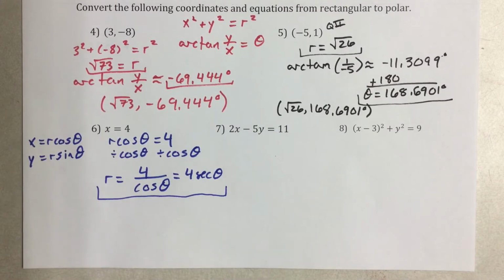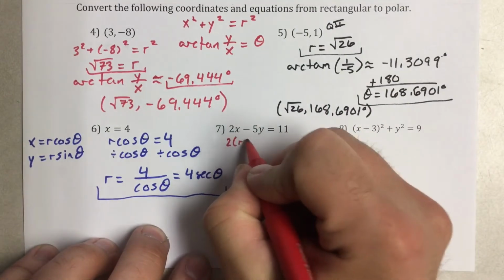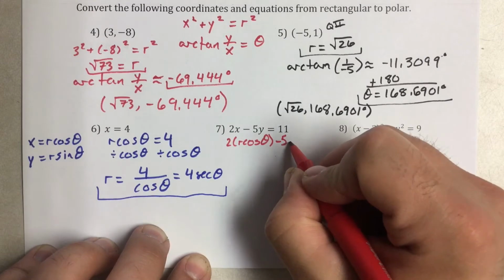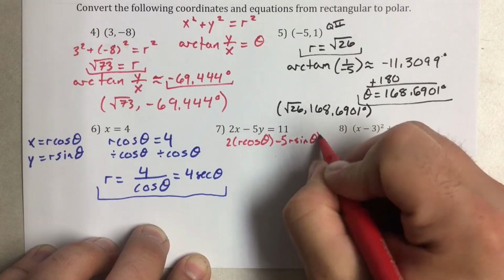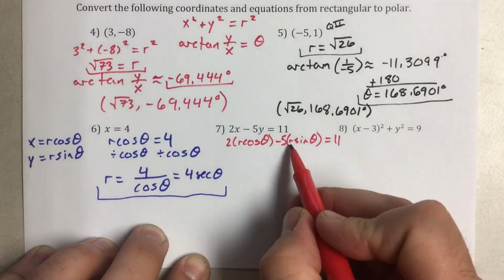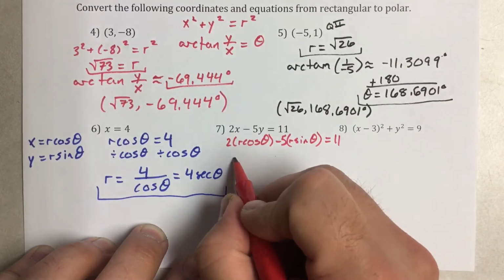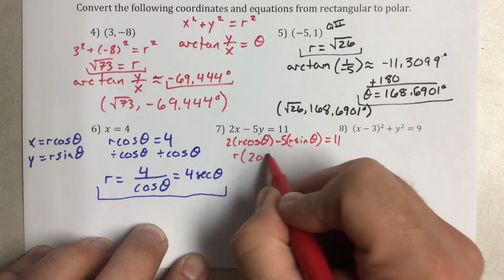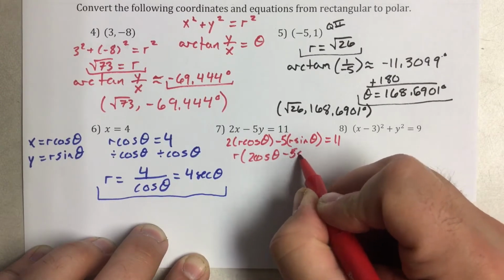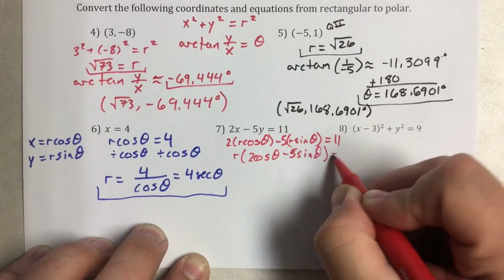So looking at the next, 2x minus 5y equals 11. So I see an x, so I'm going to replace the x with r cosine. I see a y, so I'm going to replace the y with r sine, equals 11. So both terms have an r. R times 2 cosine theta minus 5 sine theta. Okay.